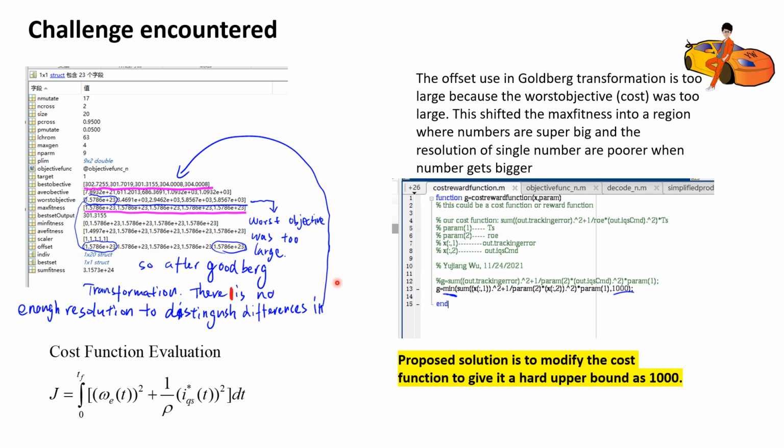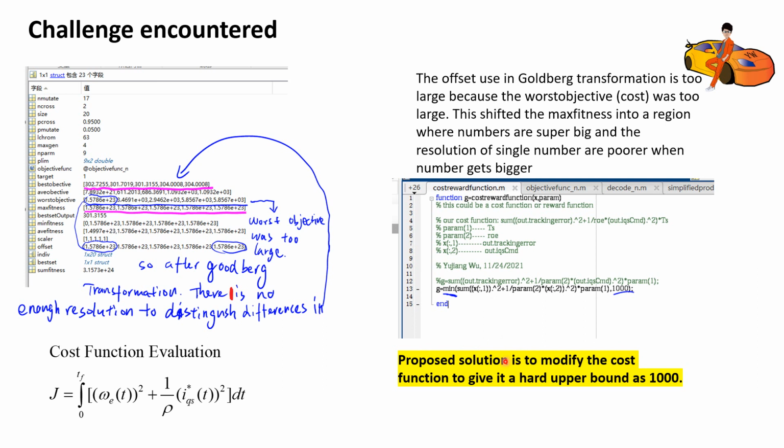That shifting is too large, and when the number gets too large, the single precision has very bad resolution, and I cannot differentiate even my highest fitness or the best objectives. All these best objectives are different, but when you shift them into the maximum fitness, they can become similar numbers, just because of this numerical difficulty.